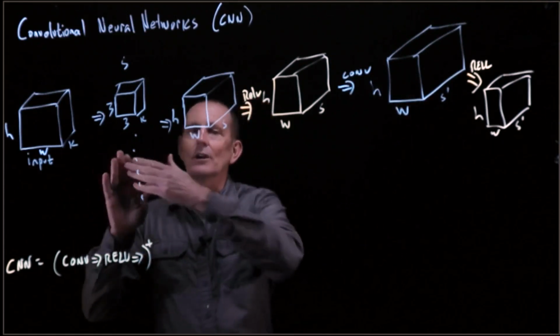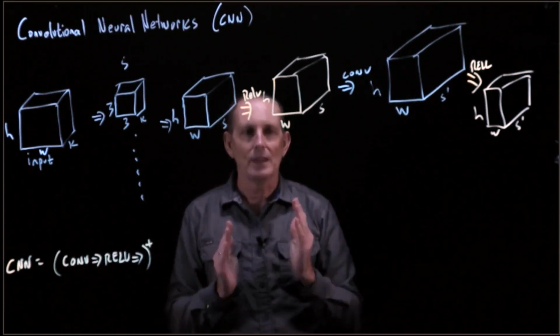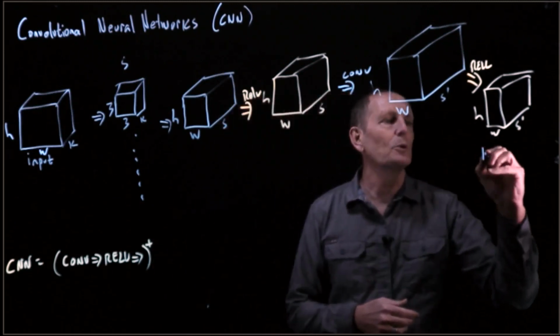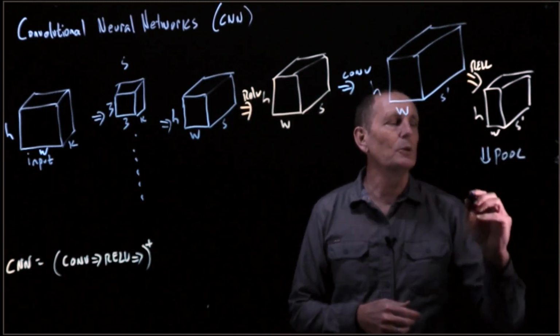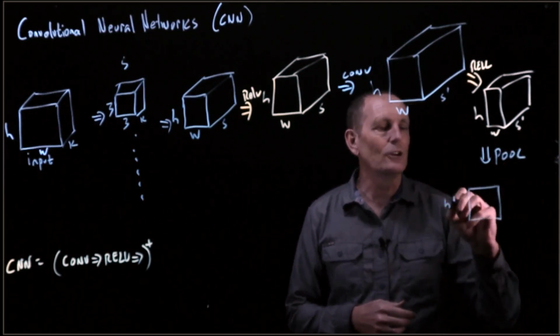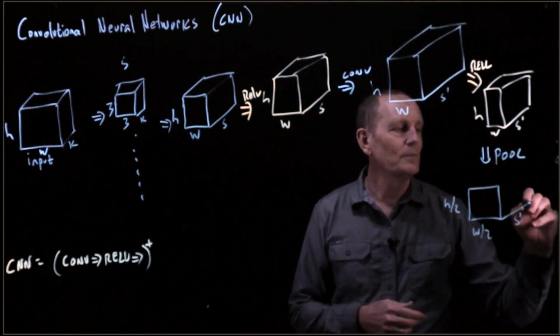That is, as we are increasing the depth, we start decreasing the height and the width. How do we decrease the height and the width? With some sort of a pooling operation. So we do a pooling, and then what we would often get is H over 2, W over 2, still our S prime.